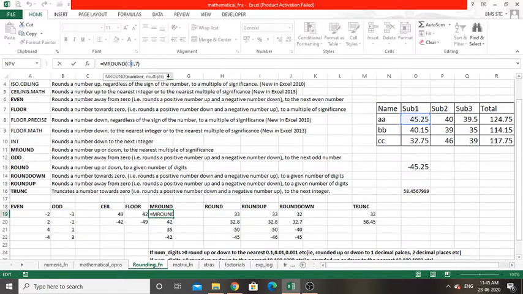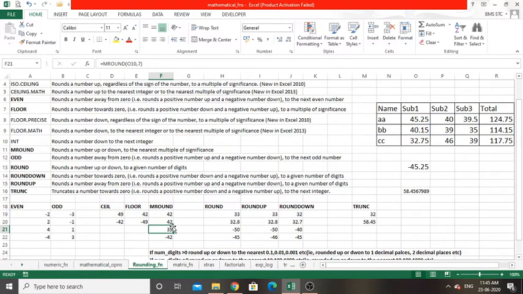So it will round to the nearest multiple of 7 from 45.25, which is 42. What about 40.15? It will also result in 42.